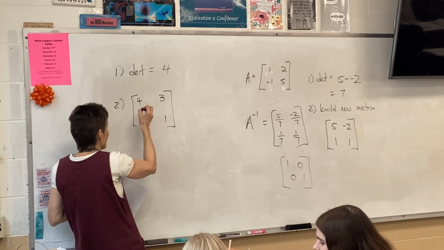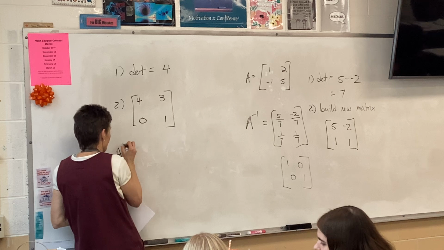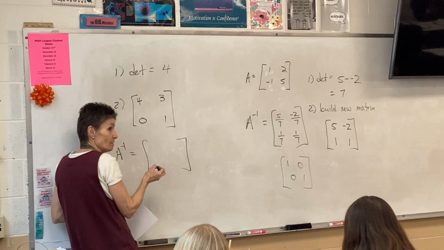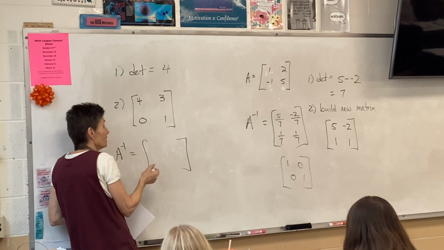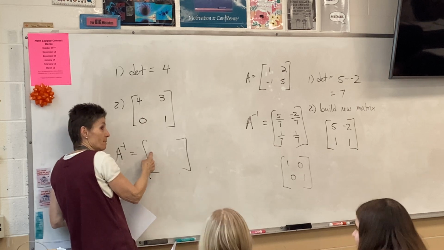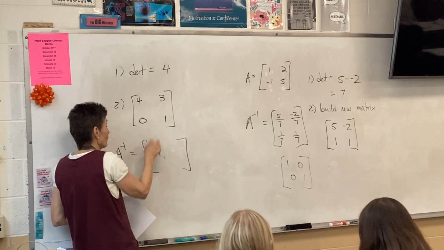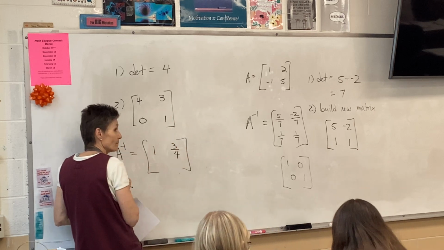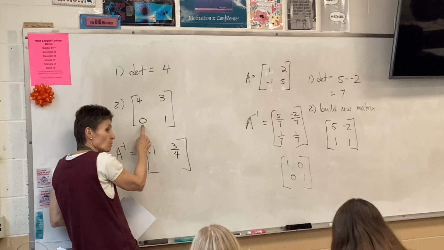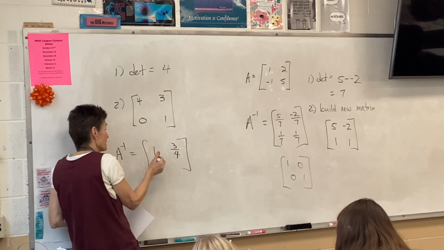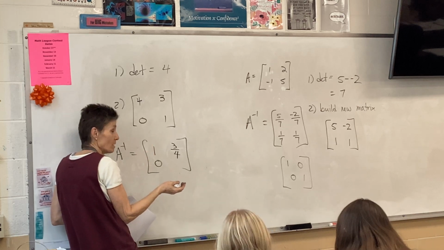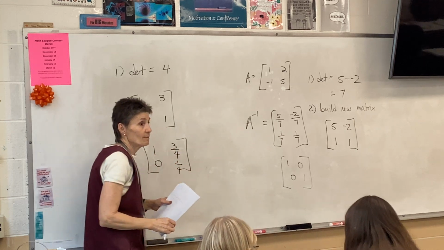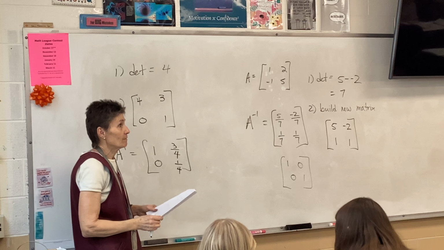Well, it's going to be all of those divided by 4. So what's my first number then? 1 is going to be 4 over 4. This one will be 3 over 4. This one will just be 0 over 4, and 1 over 4. And that is your inverse.